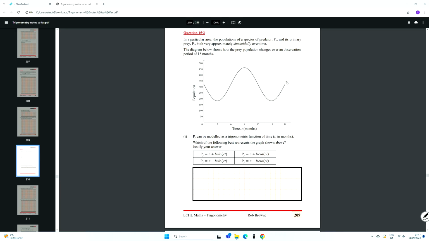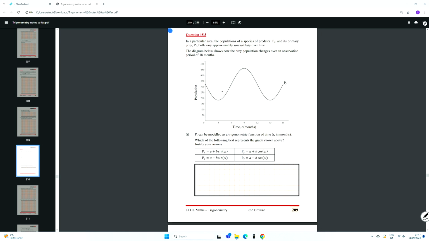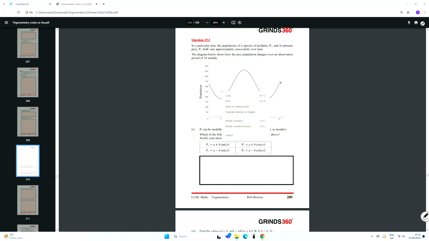So if I go back to my graph now and just plot those numbers, at 0 I've got 320. Then at 3, I've got 240, that's about there. Then at 6, it's 160, just down there.